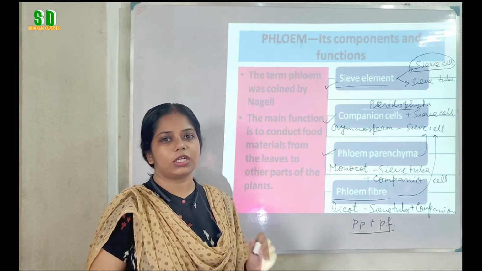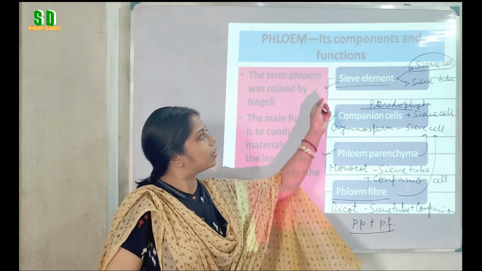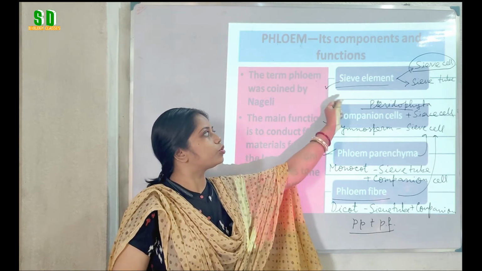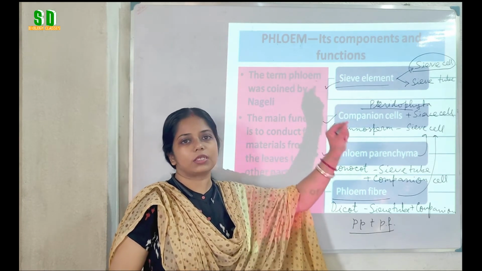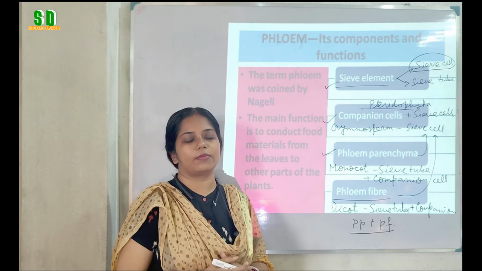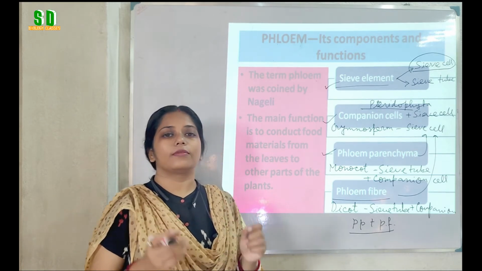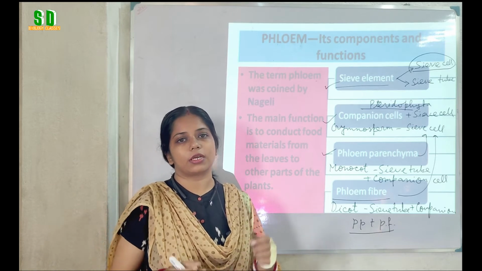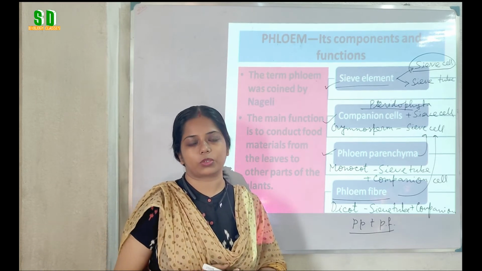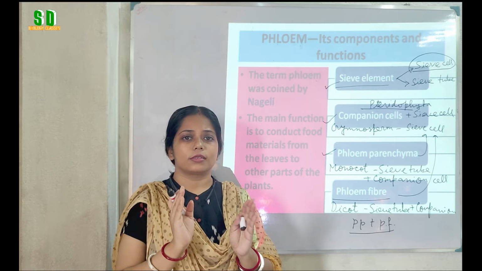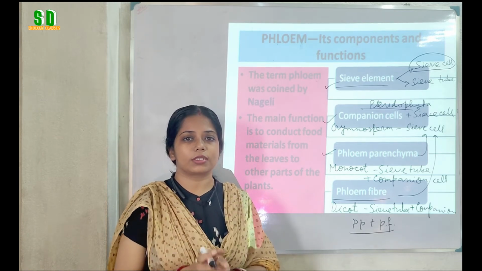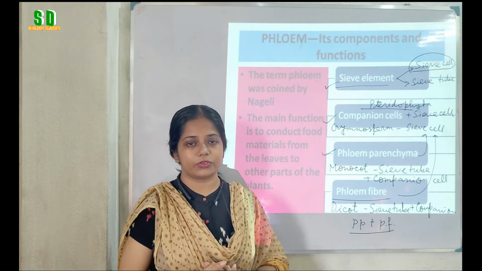So students, I have told you that one of the members of the phloem tissue is the sieve element, and the sieve element consists of two other members, sieve cells and sieve tube elements. Now the sieve cells are mainly present in the Pteridophyta and the Gymnosperm. There are some differences between sieve cell and sieve tube cells.